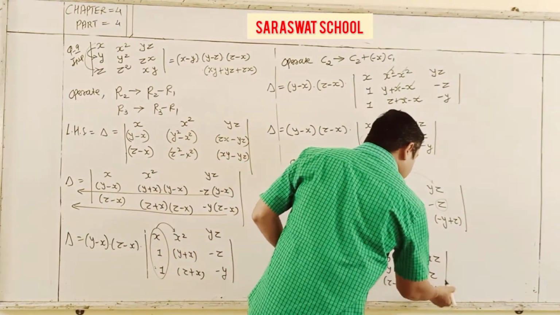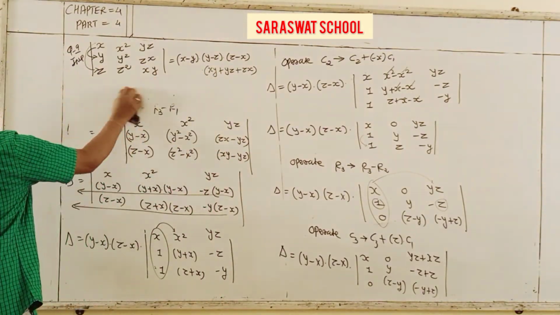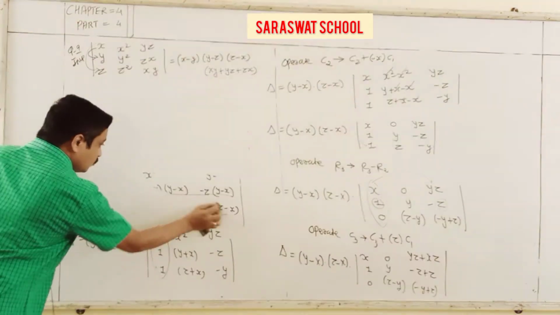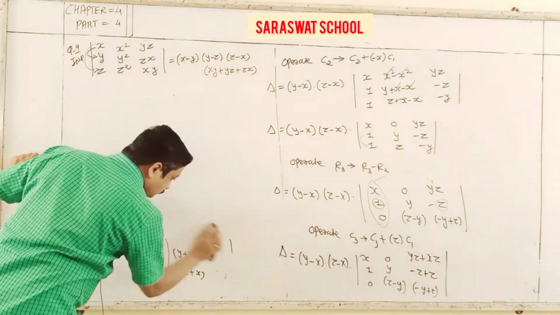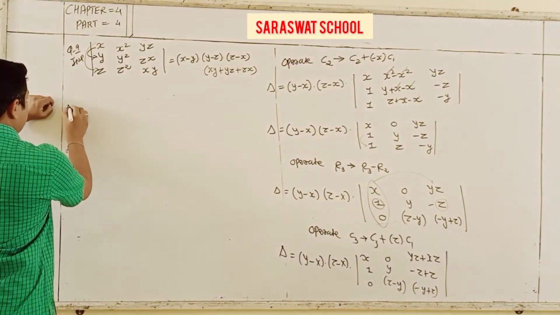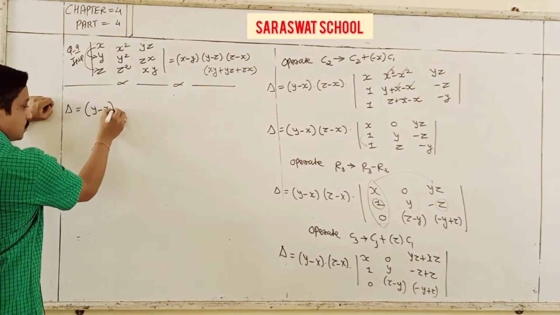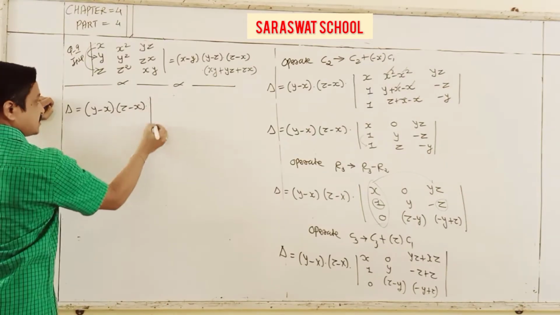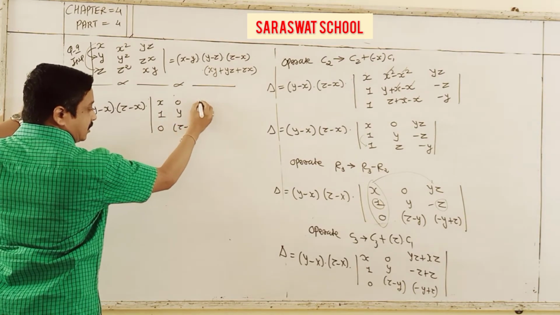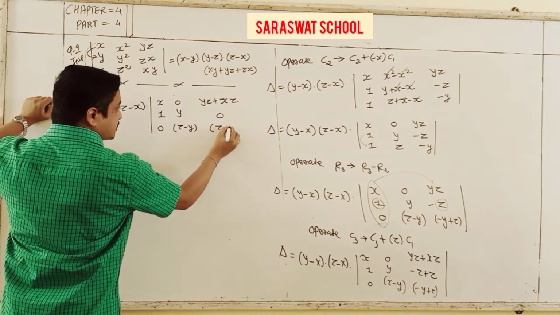And now these should be the final calculations to get the answer. Just a few steps remaining. So students, that's my answer: y minus x, z minus x, x, 1, 0, 0, y, z minus y, and here yz plus xz, 0 and z minus y.